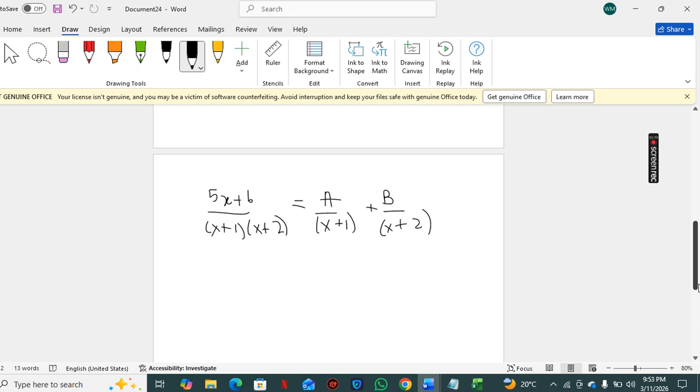So how can we find those values? First, we need to get rid of these denominators here. How do we get rid of the denominators? Just multiply like this.